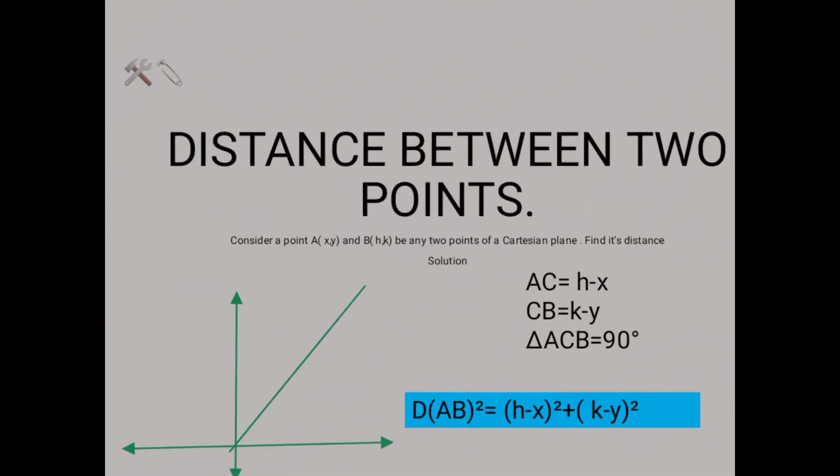Consider a point A. Let's say A is here. It has the coordinates x, y, and point B has the coordinates h, k.